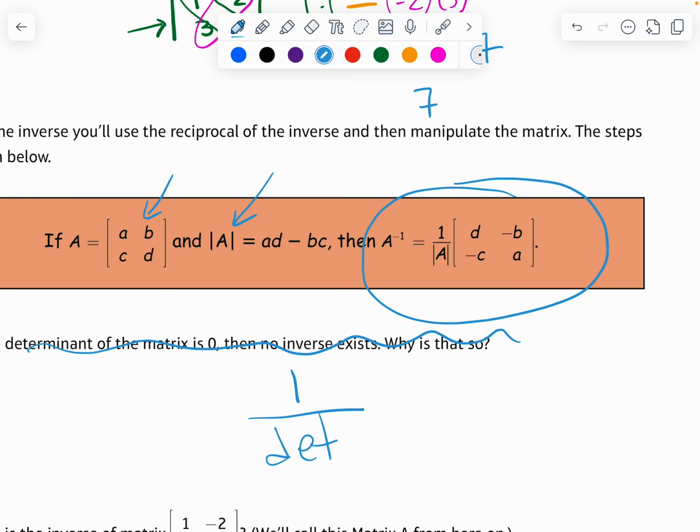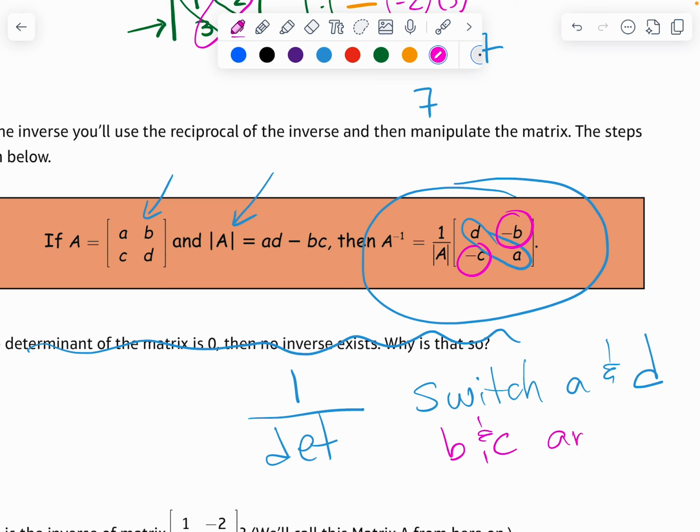Then we have to do a switcheroo. We switch A and D. You switch those around. And then B and C are the opposites.